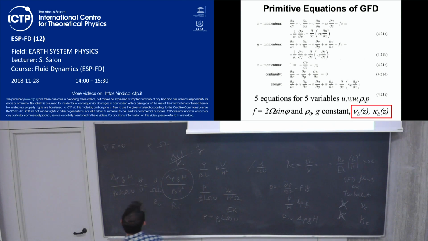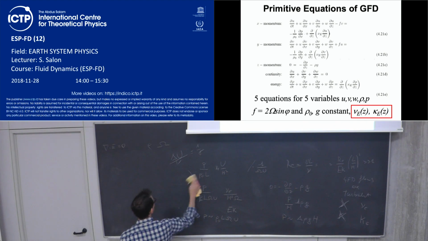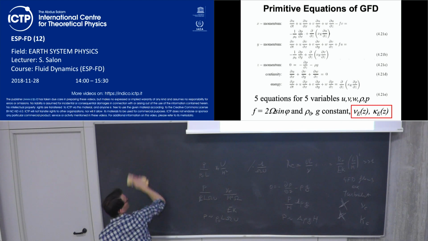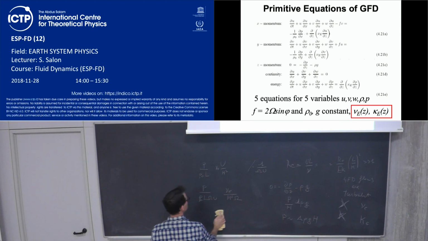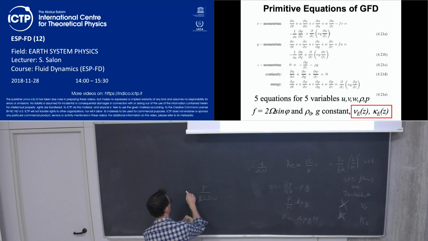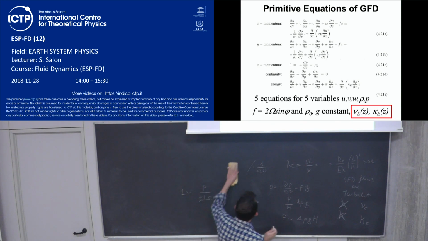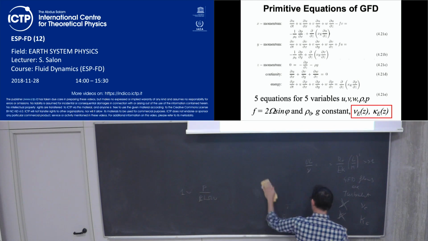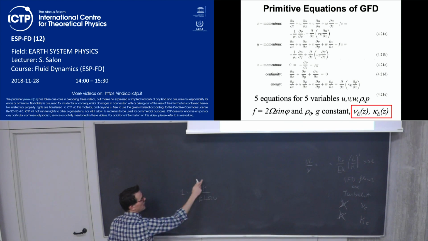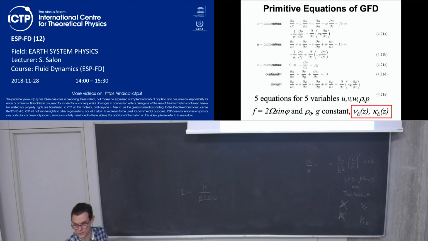One of the first, or much better, the second, let's say, kind of flow that we can analyze is the one which just considers the balance between Coriolis force and gradient of pressure.